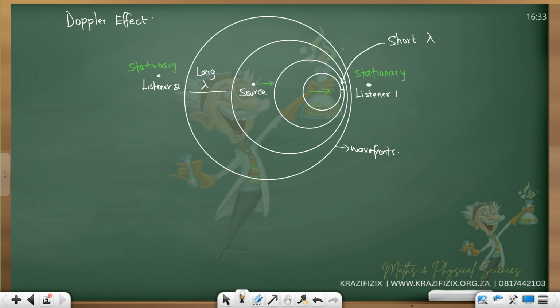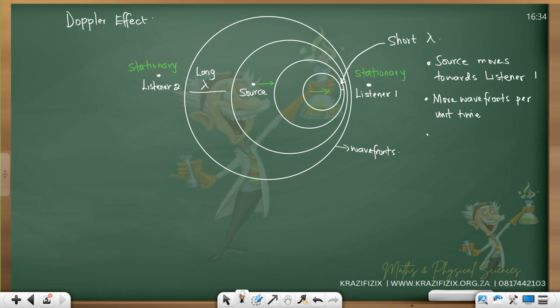I want us to write the properties on the left and on the right. Okay, so we're going to say the source moves towards listener 1. All right. More wavefronts per second, or let's use unit time, per unit time.